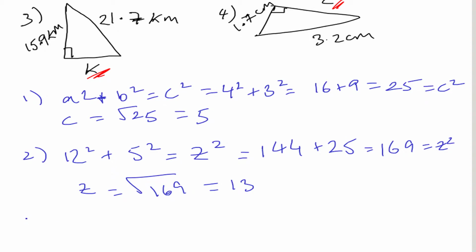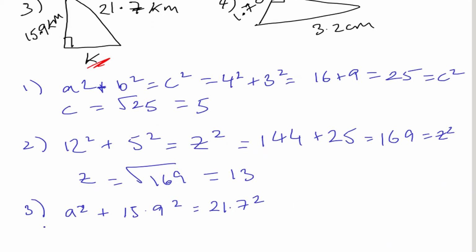Okay, slightly tricky now. Question 3. So we've already been given c squared here. So we've got a squared plus 15.9 squared equals 21.7 squared. Therefore, a squared is the same as 21.7 squared minus 15.9 squared.